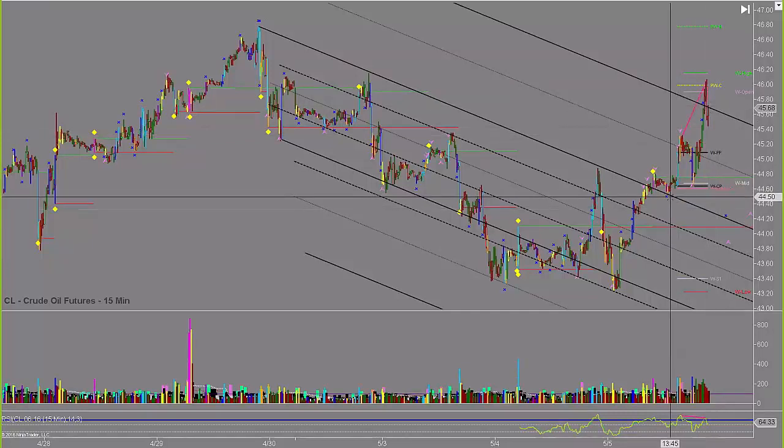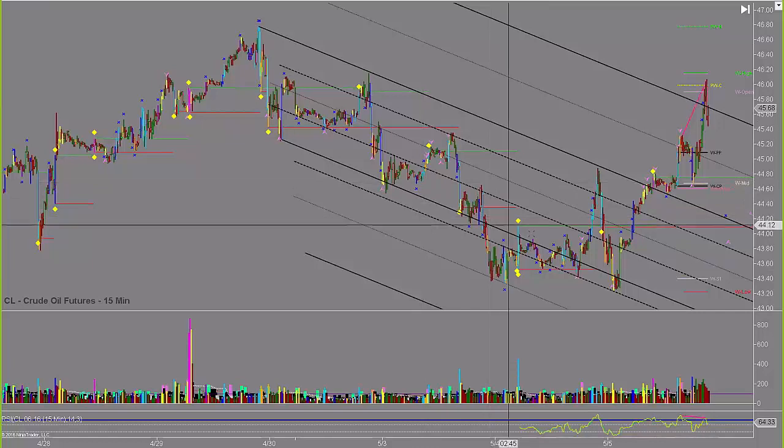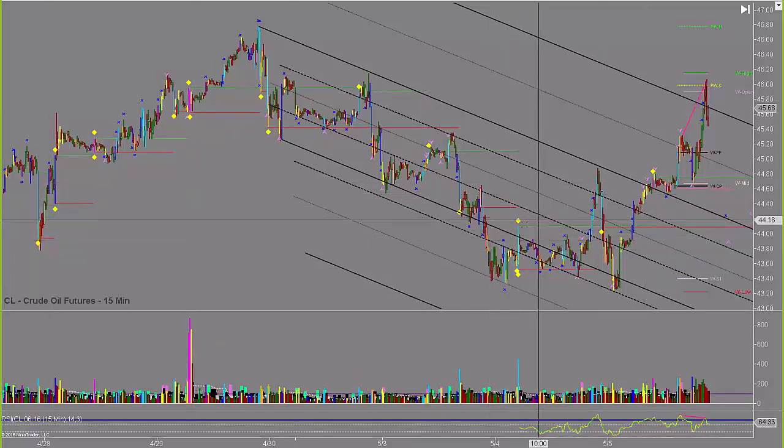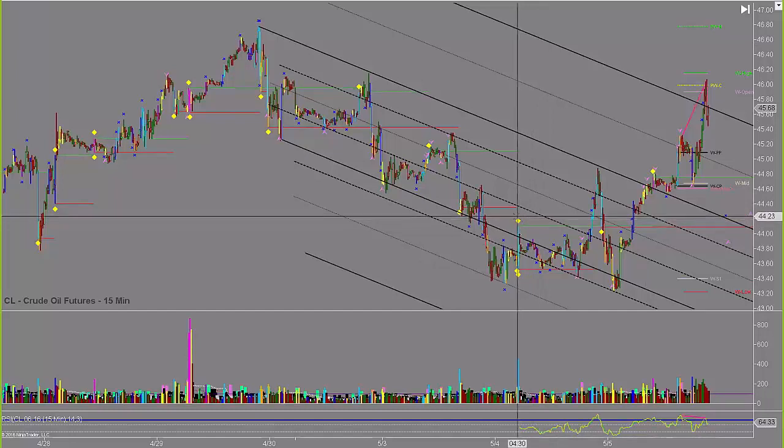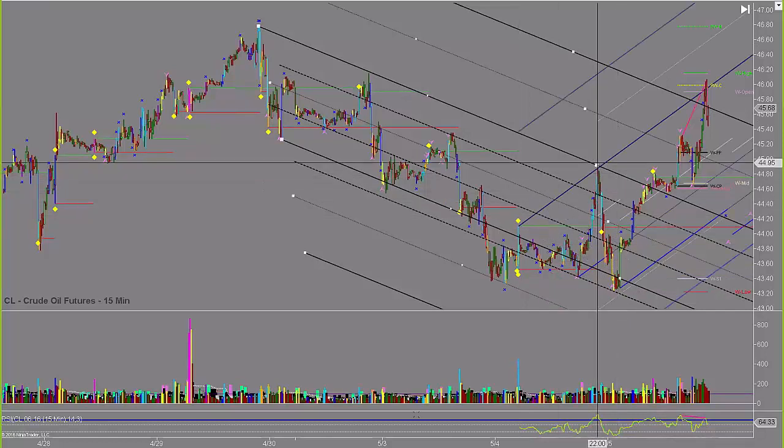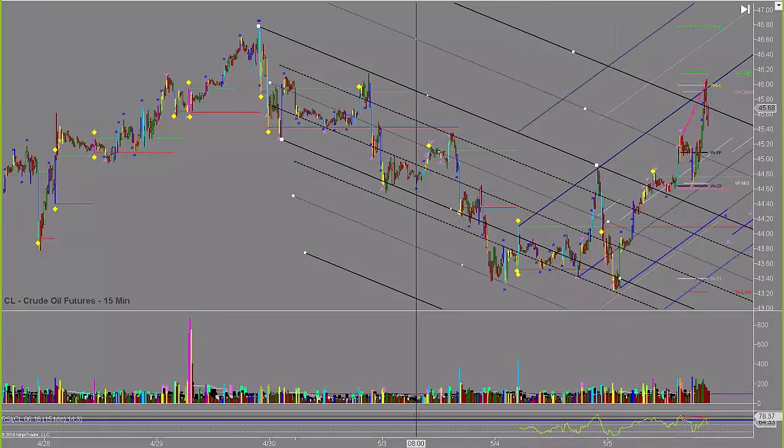So if you were off your smaller time frames, if we'd actually managed to draw in an appropriate channel, let's just see if we'd been doing it at the time, whether there was actually a channel in play or not. Maybe.